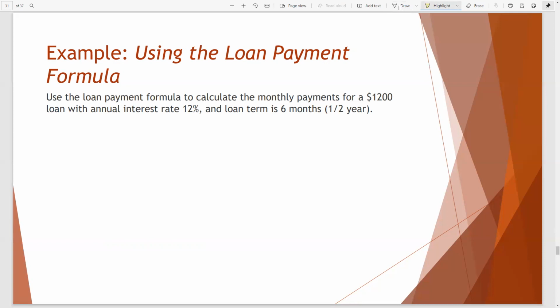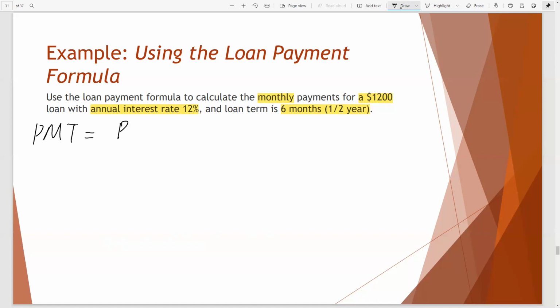Right, so let's highlight. It's monthly payments, a $1,200 loan, annual interest rate 12%, and the term is a half year, 6 months. So that's all the information. We want to calculate what the payment is.